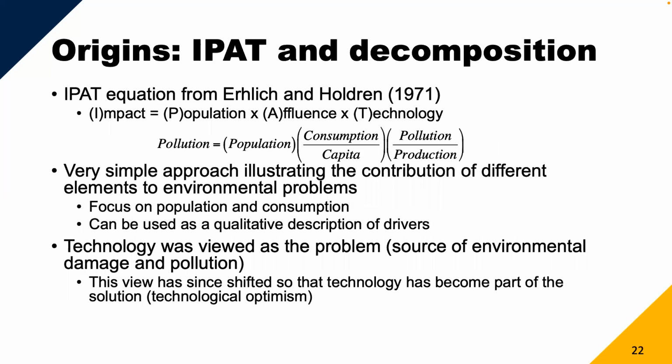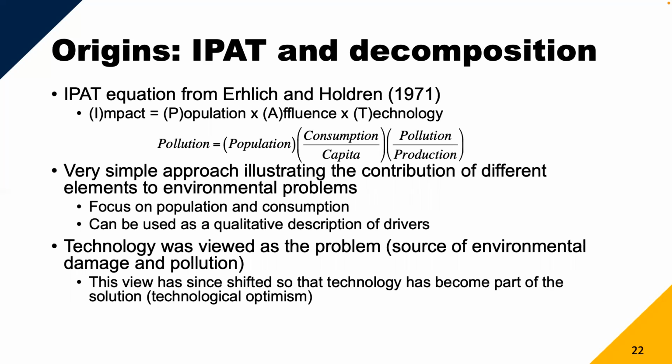In a similar way, this is an alternative decomposition method called IPAT. This is actually quite old, and comes from this idea of the impact that you have, in particular with pollution.